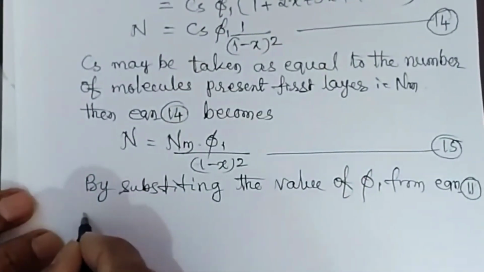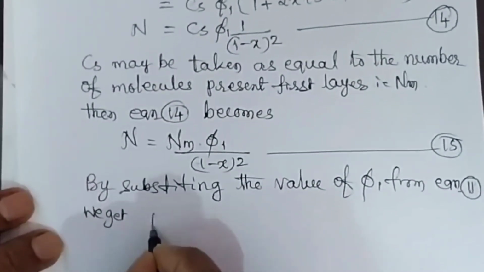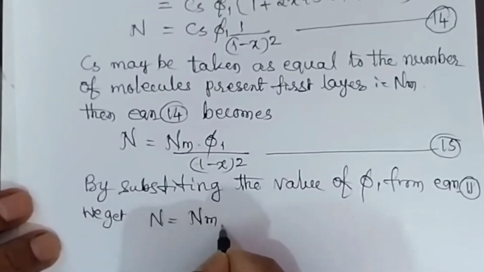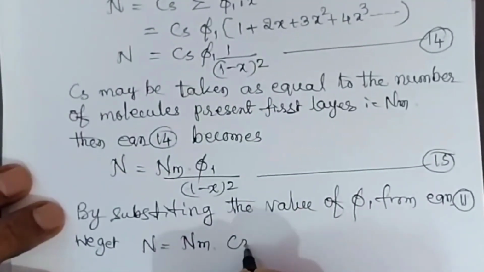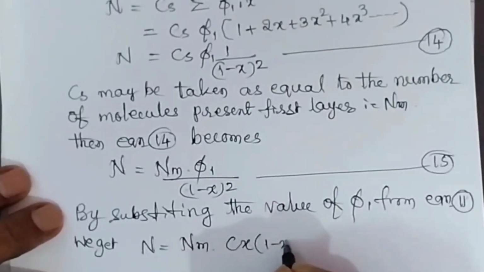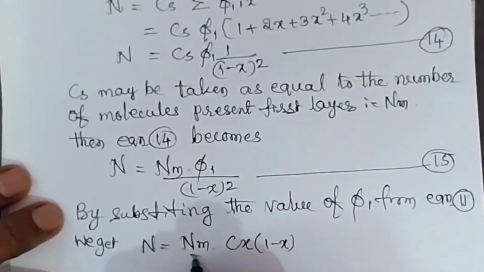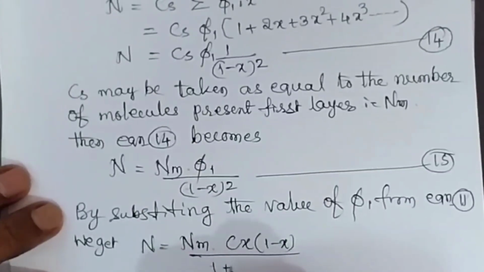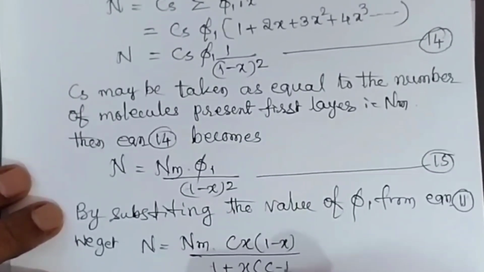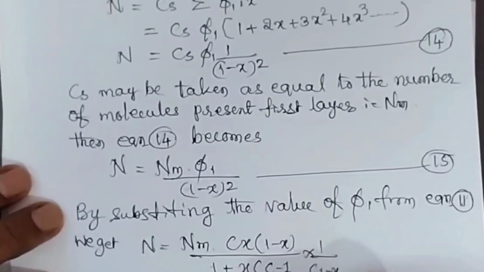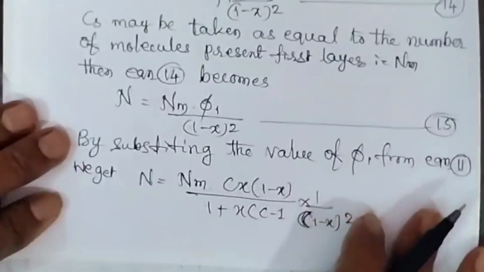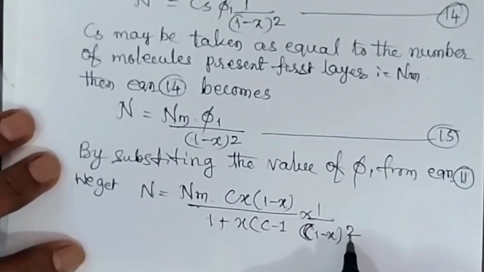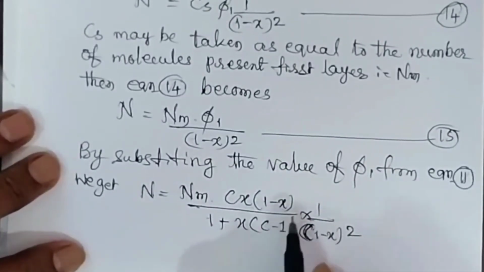We get n equal to Nm and pi 1 equal to Cx into bracket 1 minus x divided by 1 plus x into bracket c minus 1 into divided by 1 minus x square, and this 1 minus x square, 2 square, and 1 minus x gets cancelled.